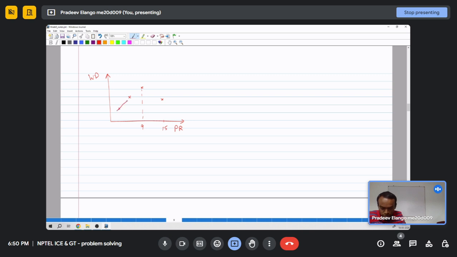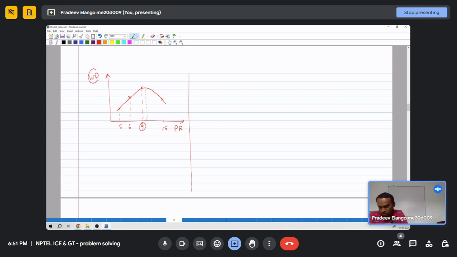So the curve will be something like this. We do not know, the maximum can be somewhere just next to it. It may not be exactly 9, because we have just seen 9 and 15, right? But out of the given options, 9 is the right answer. But is there any other way to solve this problem?